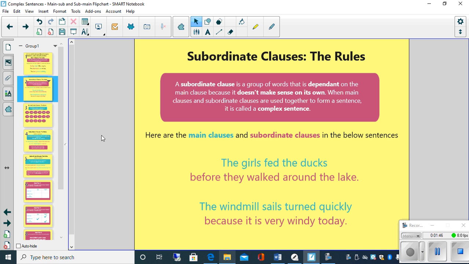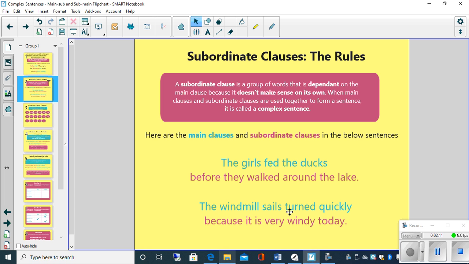The first one: the girls fed the ducks before they walked around the lake. The main clause is the girls fed the ducks. It makes sense on its own. The subordinating clause, before they walked around the lake, doesn't make sense on its own, and it's got the subordinating conjunction before.